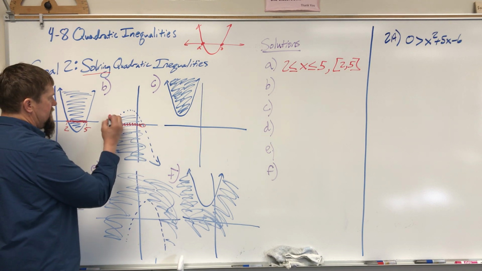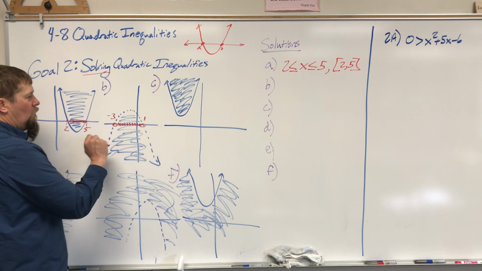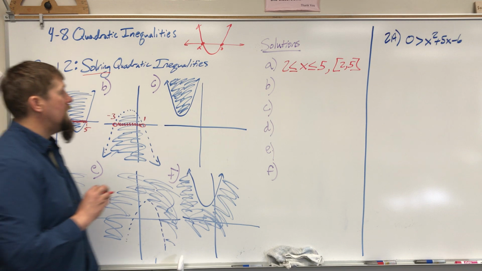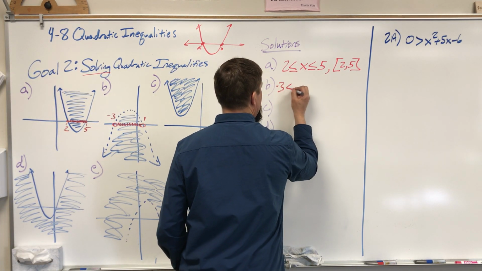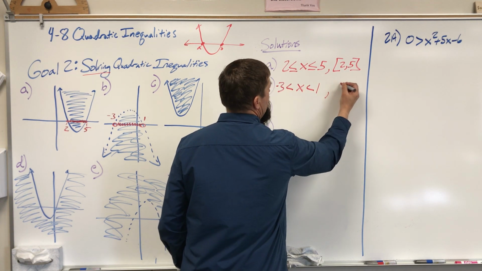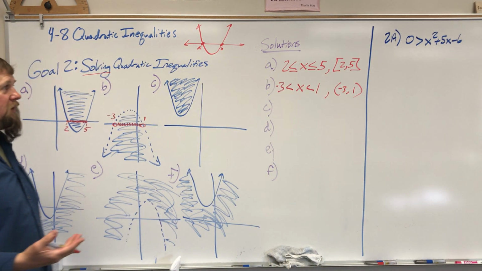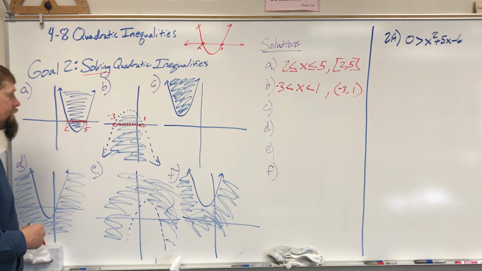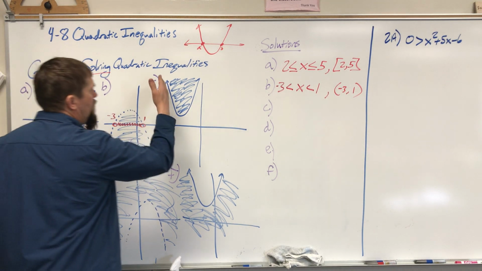So let's say this is -3 and 1. x is not equal to -3 or 1, but it is everything in between. So everything in between would be x greater than -3 and less than 1, or you could say everything from -3 to 1 with parentheses, because remember with interval notation, parentheses signify not equal to.